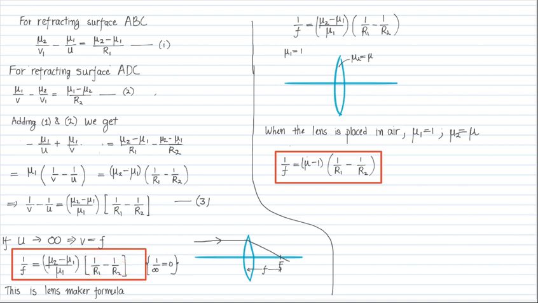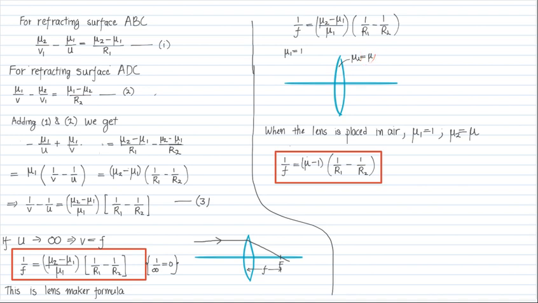Now after this, we applied another special condition. We took a double convex or biconvex lens and placed it in air. The surrounding medium is air, which has a refractive index of 1, and we assumed the biconvex lens has a refractive index of mu.